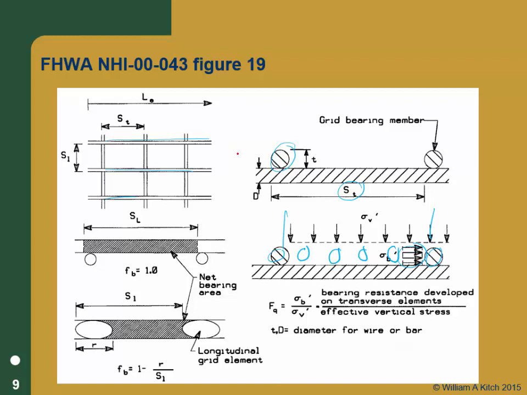So for welded wire mesh, we pretty much ignore the frictional resistance of it, and when we're calculating the resistance from this method, we're only going to look at the bearing capacity. Now, if we do a laboratory test and we put it in the machine and test it, we're going to measure its full capacity, however it's generated. But most of the capacity for a welded wire mesh is going to come from this horizontal bearing. For geogrids, that may not be the case.